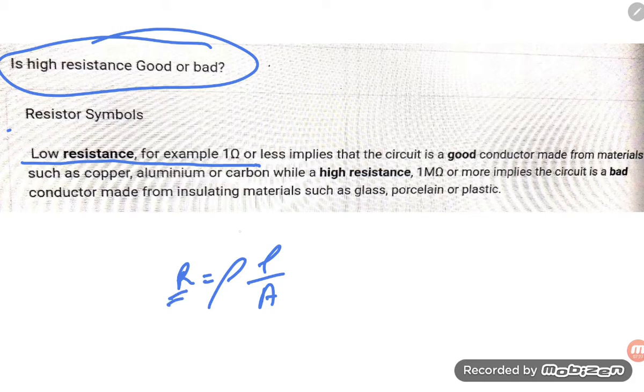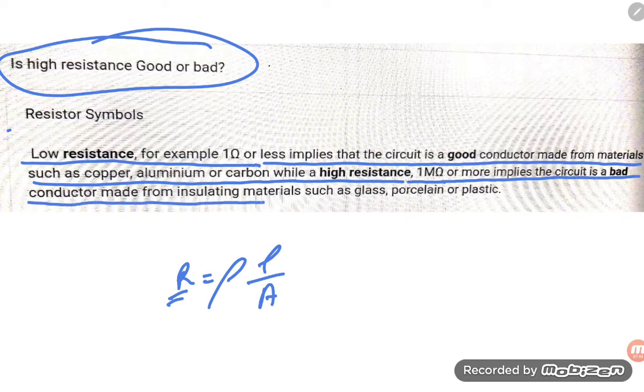If R is less, it implies the circuit is a good conductor, made from materials such as copper, aluminum and carbon. High resistance, 1 megaohm or more, implies the material is a bad conductor, made from insulating materials such as glass, porcelain and plastic. So high resistance is bad.